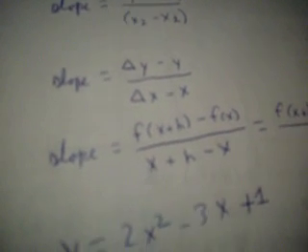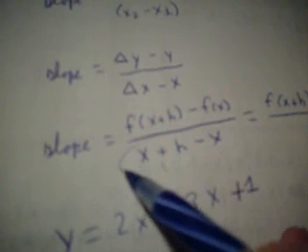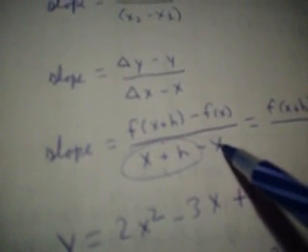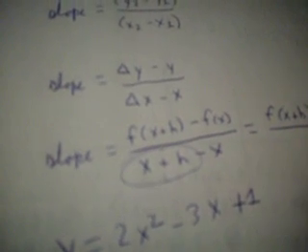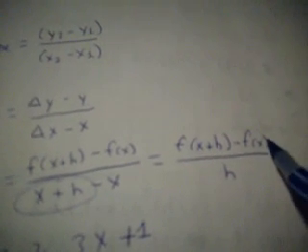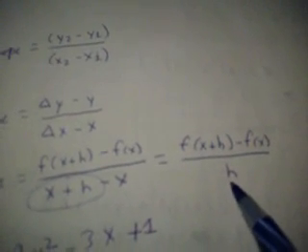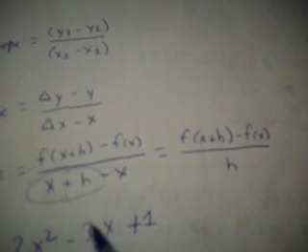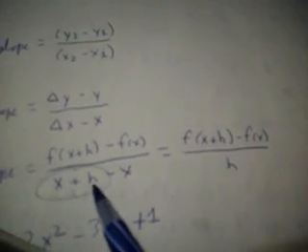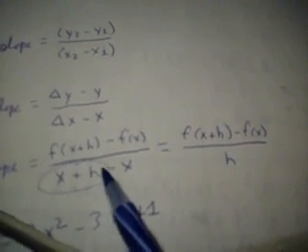You have one horizontal coordinate right here, and then you have another horizontal coordinate. When you get done with that equation, you see f of x plus h minus f of x divided by h. Now how do we get that h? Well, x minus x is 0, so all that's left is h.